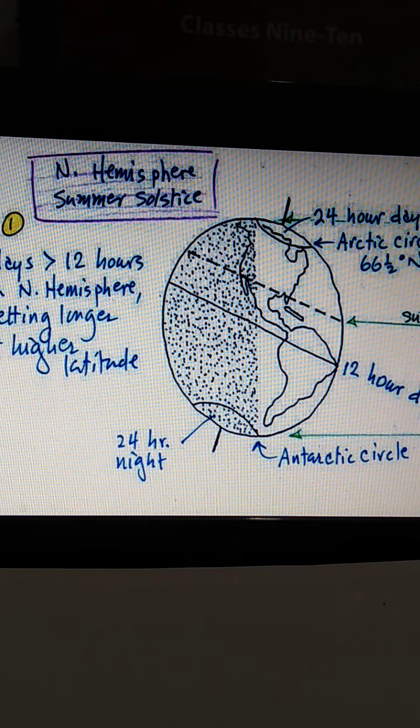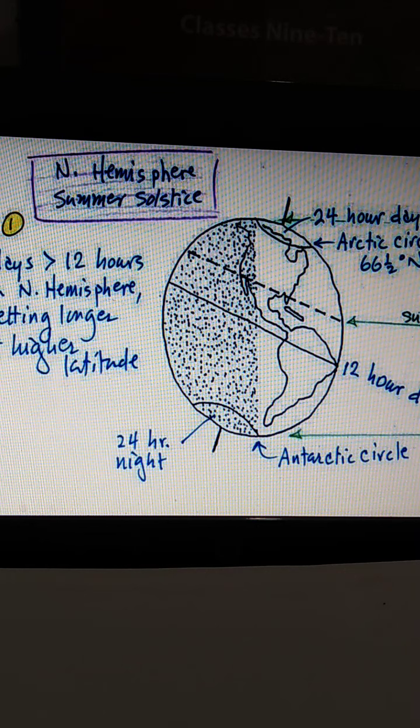June. While moving round the Sun on 21st June, the North Pole is inclined mostly towards the Sun, and the South Pole goes farthest from the Sun.